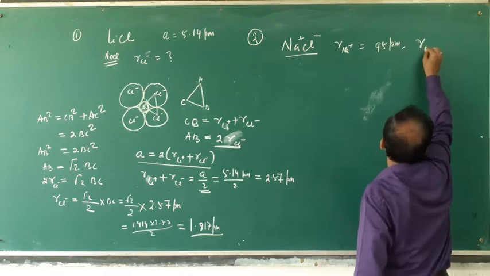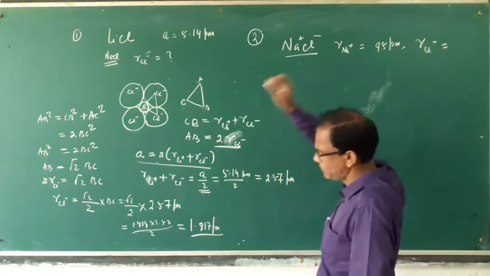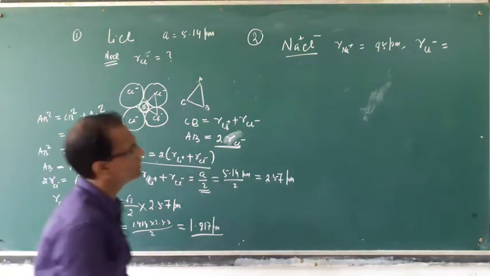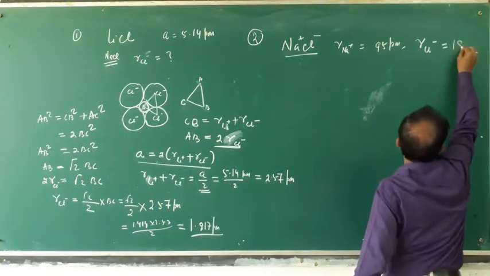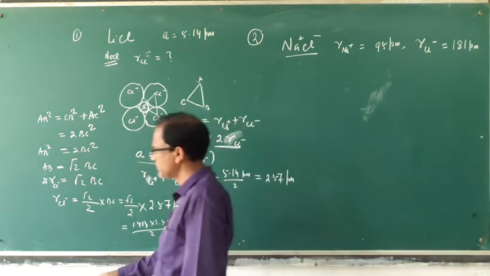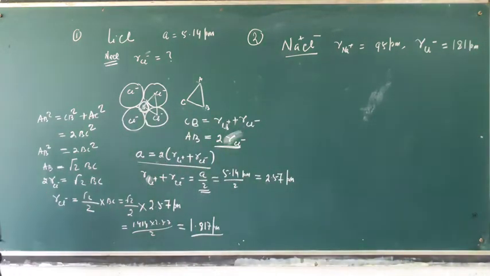And R of Cl minus is equal to 181 picometer. This much is given. Cation size and anion size are given.